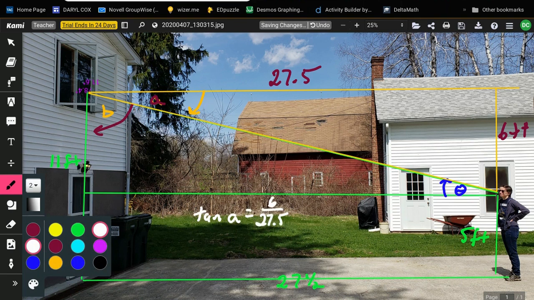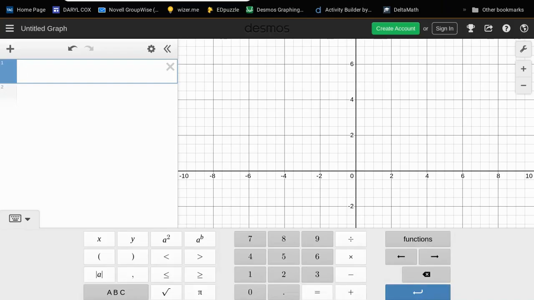But again, I'm looking for the angle, so that makes me realize I need to use the inverse to calculate this. And that's where I need to go to my calculator. So I'm going to go to my Desmos calculator. And before I do anything, I need to check on what of my calculator? Hopefully you said check that it's in degrees.